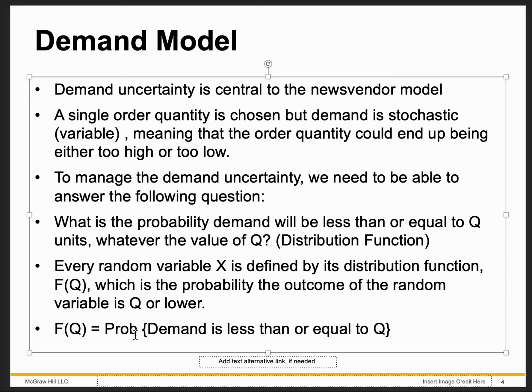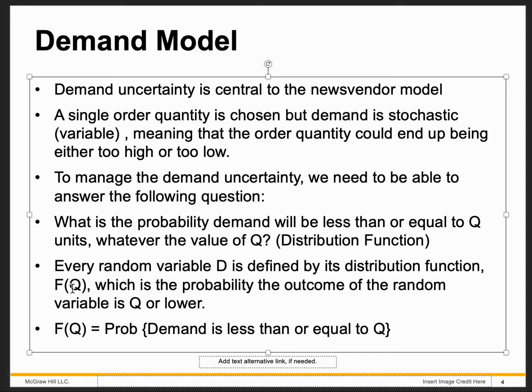So F(Q) is the probability that demand, which is represented by X, is less than or equal to this number Q, where Q is how many units you're going to end up ordering. So we are representing the random variable X as the variable for demand. Now sometimes it's easier to call it capital D, so let's call it capital D, right? So every random variable capital D is defined by its distribution function F(Q), which is the probability that the outcome of this random variable D is less than or equal to this value Q.